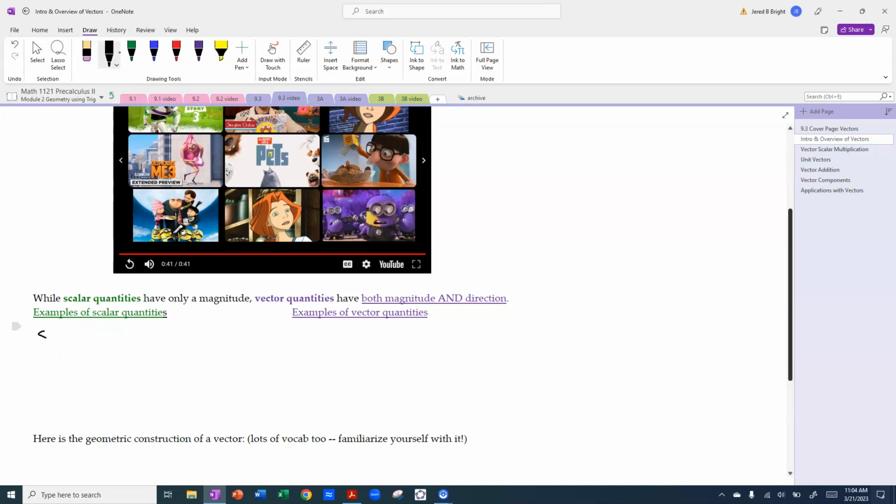And let me just write these a little bit differently. So speed, and then the vector quantity that is associated to it would be called velocity when we take the direction into consideration. On that same note, if we look at just distance, like how far it is from place A to place B, that's a distance.